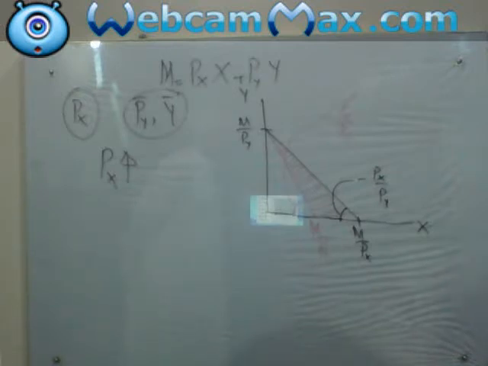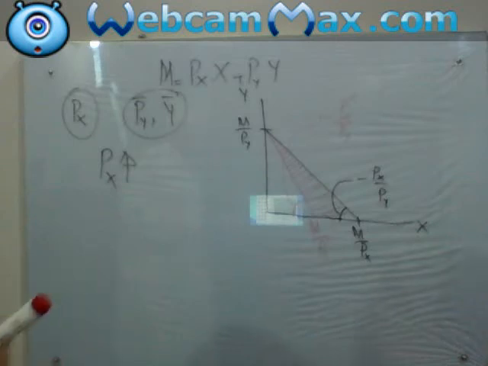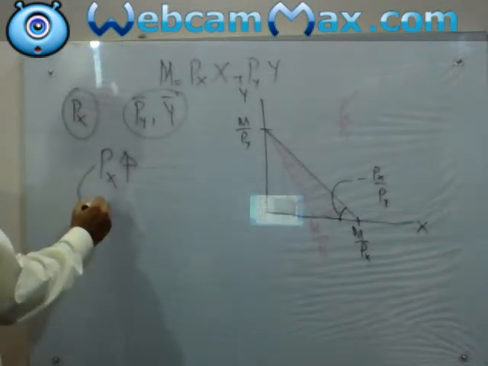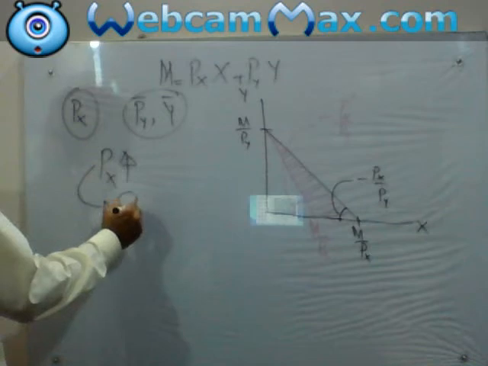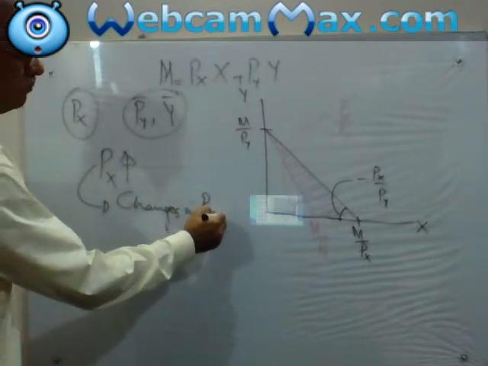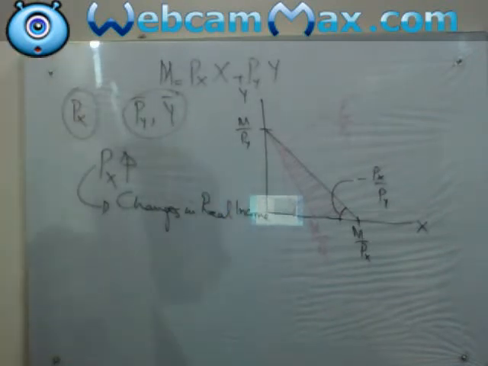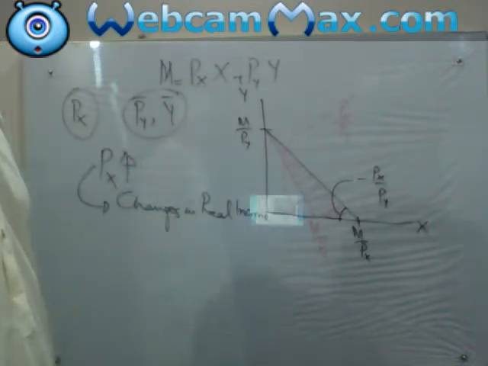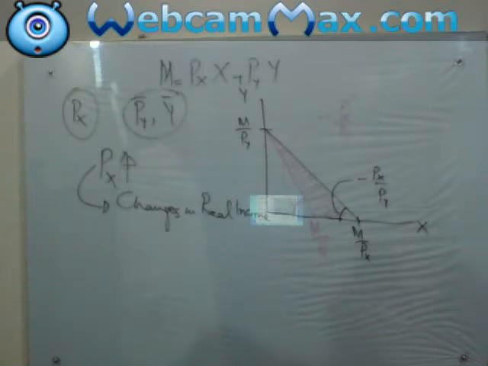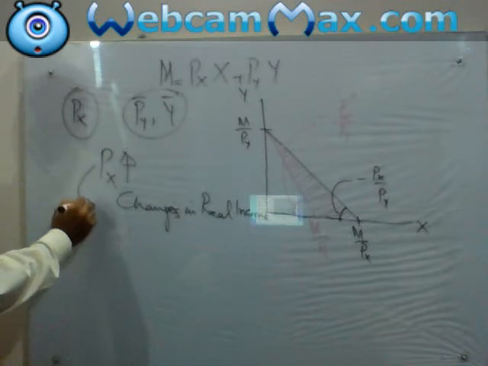So there are two effects that come as a result of the change in price of x. One is the change in real income, or consumer purchasing power changes. In this case, purchasing power is reducing, or purchasing power falls. That is one effect.